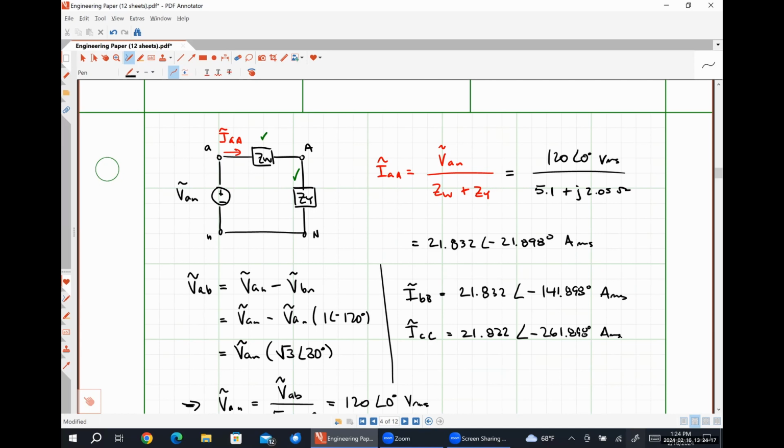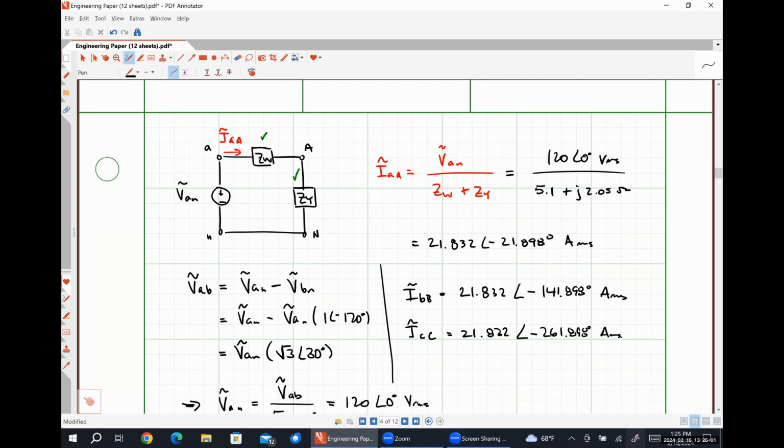Now, I want to be clear here. I'm going to use this convention where I'm allowing my phase angle to be larger in magnitude than 180 degrees in these three-phase systems. I definitely understand that if you took the answer for the IAA, and you just multiply that in your calculator by 1 angle negative 240 degrees to get ICC, it's going to give you a phase angle that isn't negative 261.898.